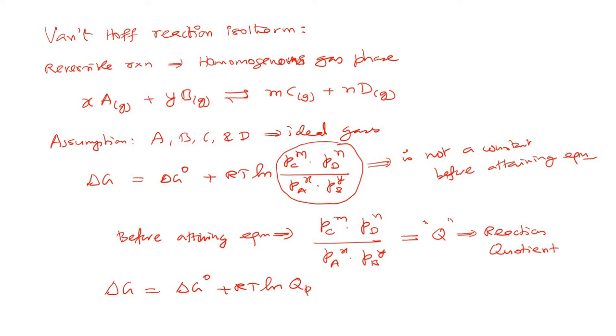Now what I'm going to do is derive a relationship between delta G naught and the equilibrium constant. Suppose this reaction attains equilibrium; let me write it on the next page. So what's the reaction we have? I'm going to derive a relationship between delta G naught and the equilibrium constant.